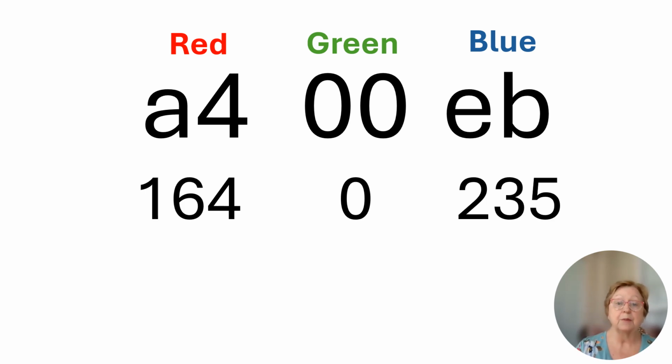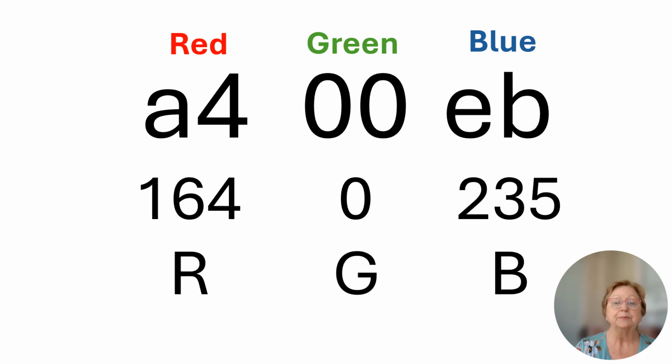Each of those numbers goes into a calculation that comes up with these numbers. The red number is 164, the green number is 0, and the blue is 235. How the calculation works is irrelevant right now, or to you, because the app takes care of that.